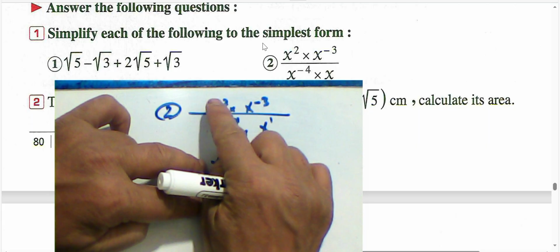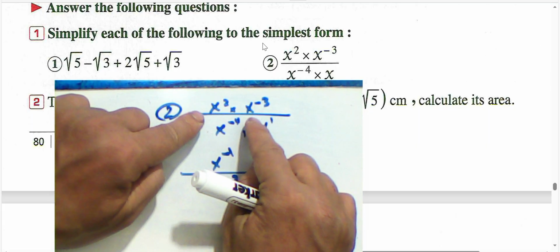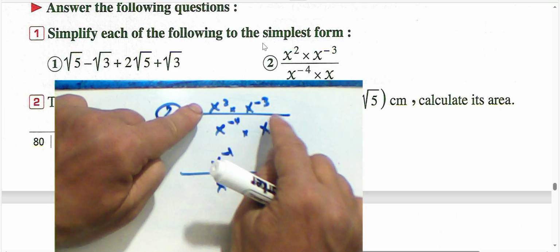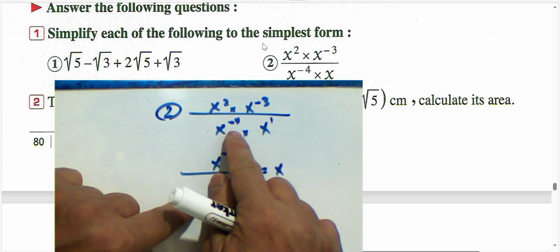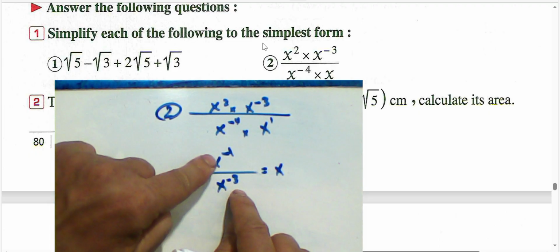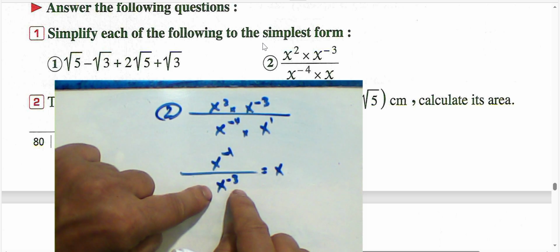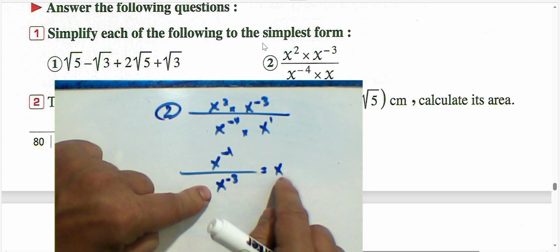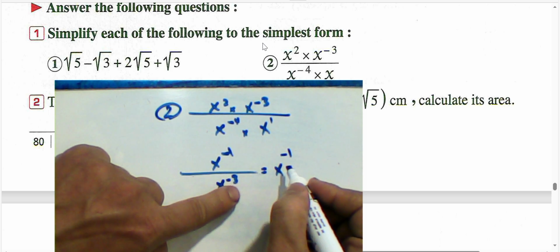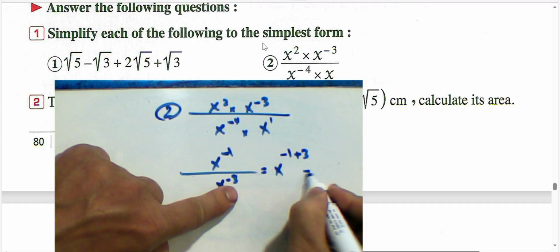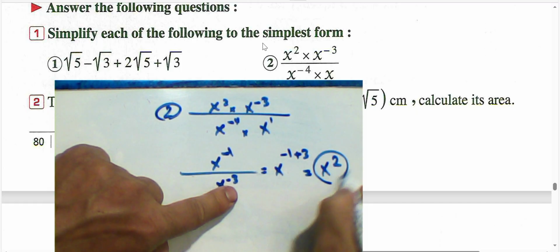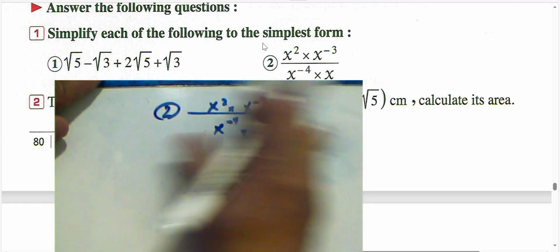First step, I add the 2 powers here because I multiply the similar bases. You must add 2 powers. And down here also, negative 4 plus 1 is negative 3. Then x power negative 1 divided by x power negative 3. You can write x power negative 1 and the additive inverse of negative 3, which equals 3. And the result will be x power 2. The answer here will be x power 2.